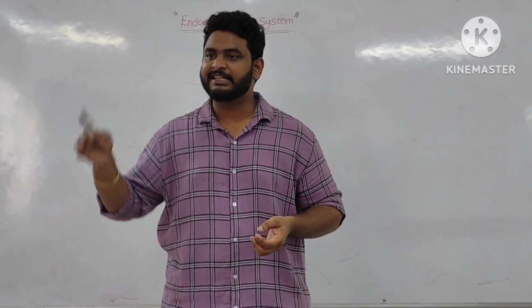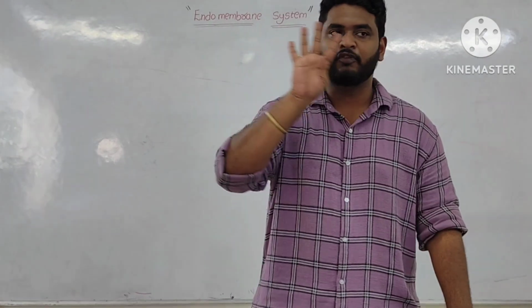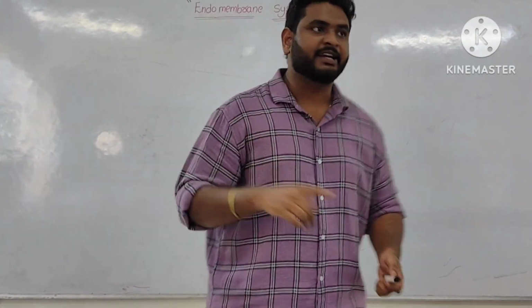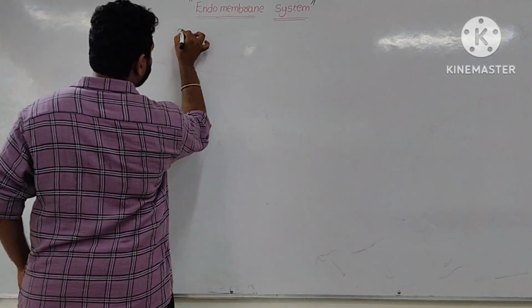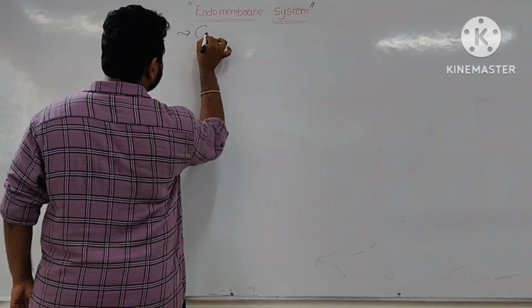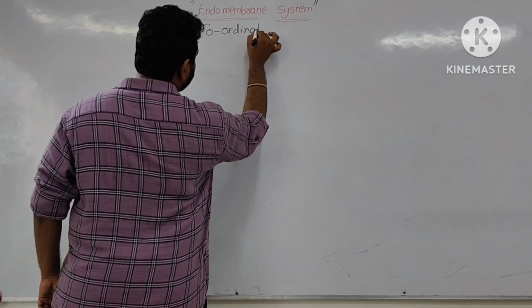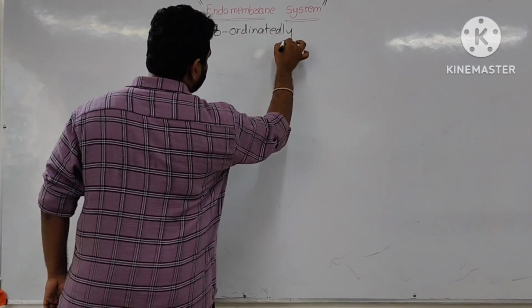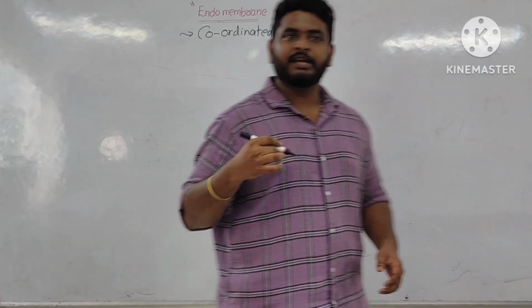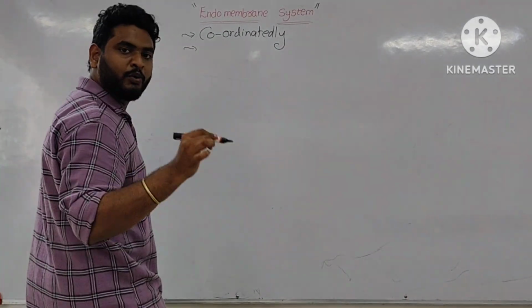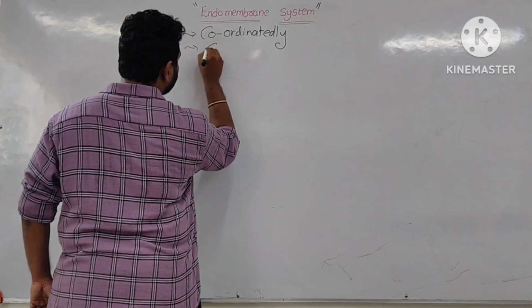But among these cell organelles, there are especially 4 cell organelles, only 4, which act coordinatedly. These endomembrane system organelles act coordinatedly, and this endomembrane system is specifically seen only in eukaryotes.